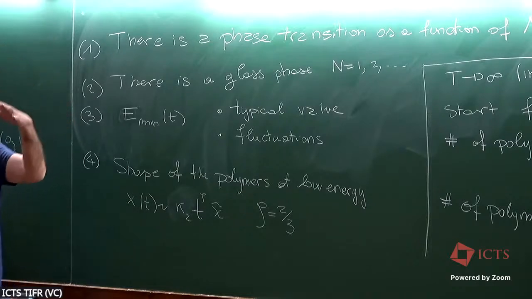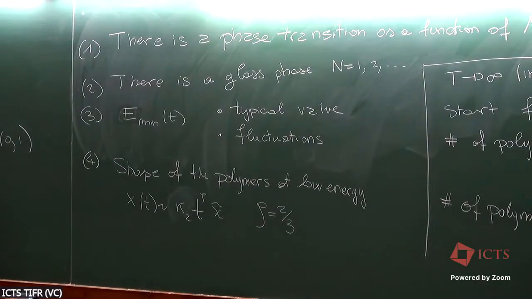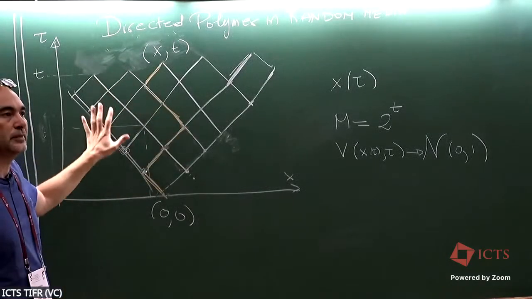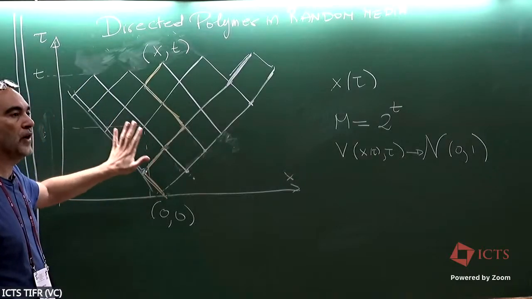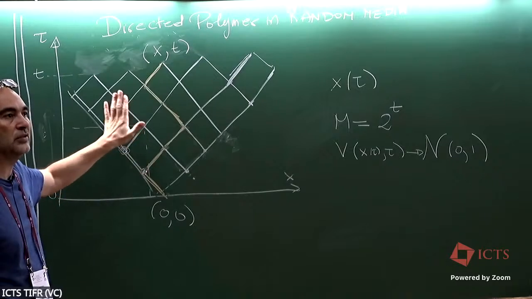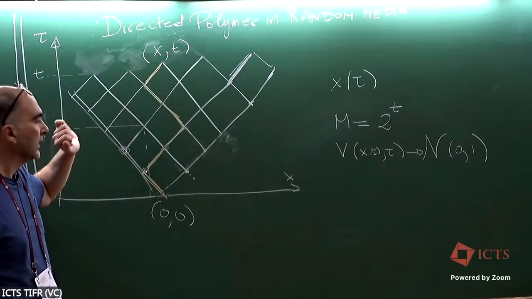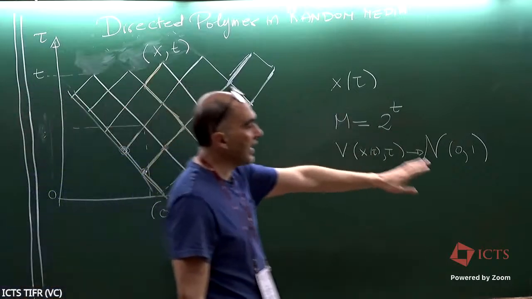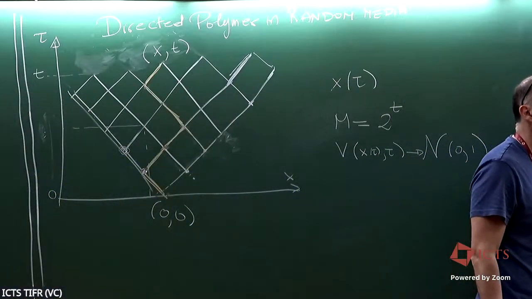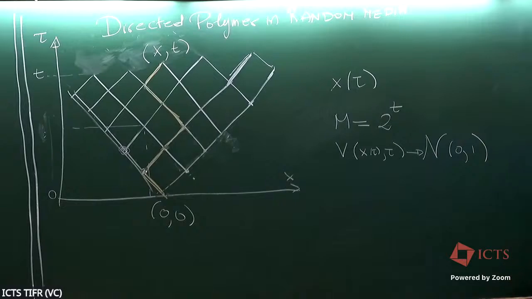So now you're asking, I want to solve, not to pick a polymer at random. I give the random numbers, and it will show you how to find the ground state energy in this lattice, okay? And when you see this ground state energy, if you measure the roughness of the polymer, it will not be 1/2, it will be 2/3.